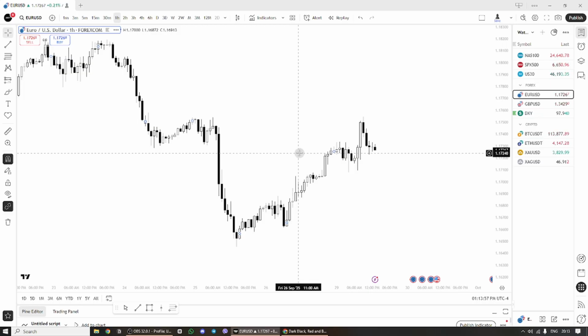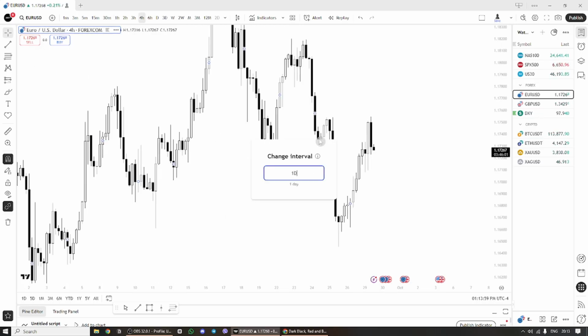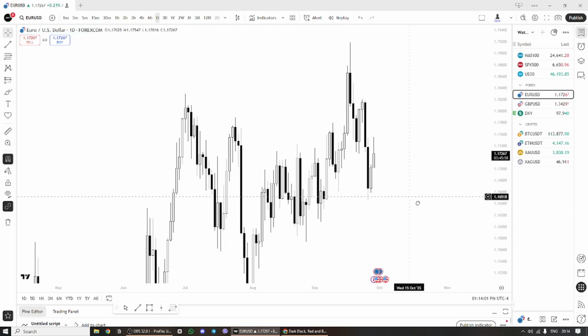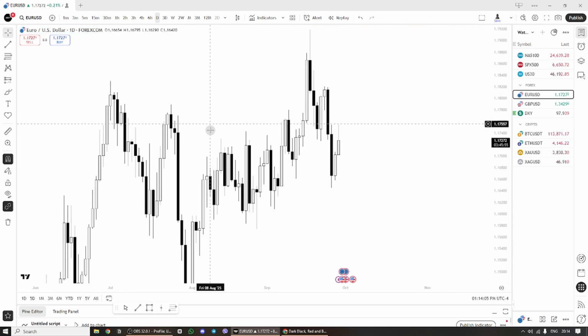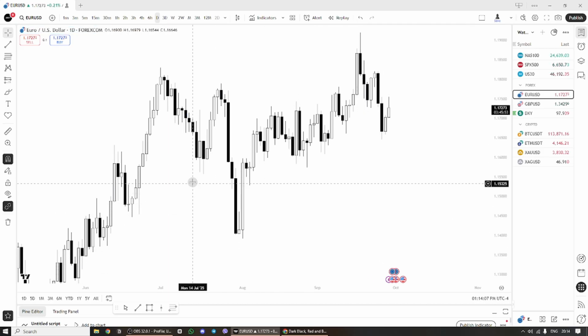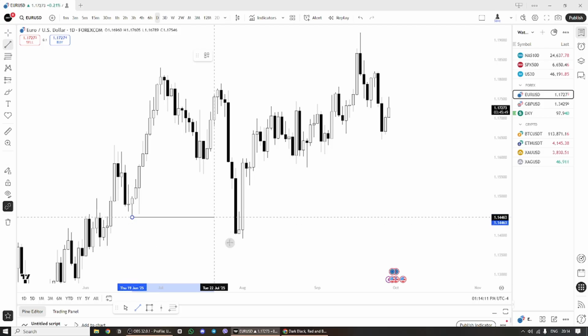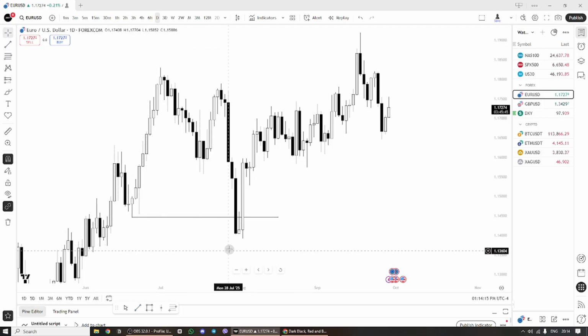So the next thing was internal and external range liquidity. What it is, as I said, key levels. And what we mainly do once we sweep, this is external range liquidity, and we go back to internal. Why?